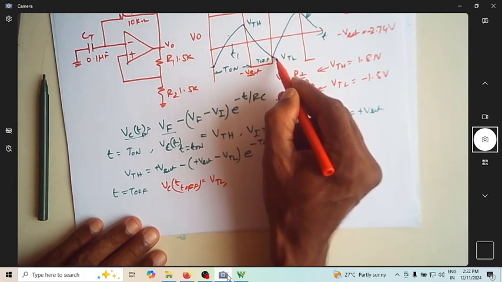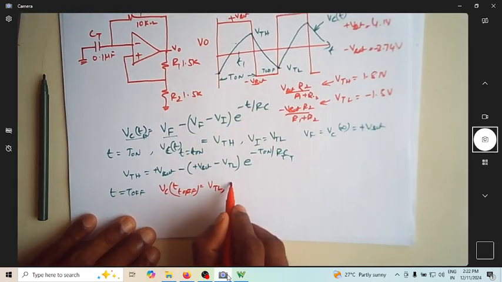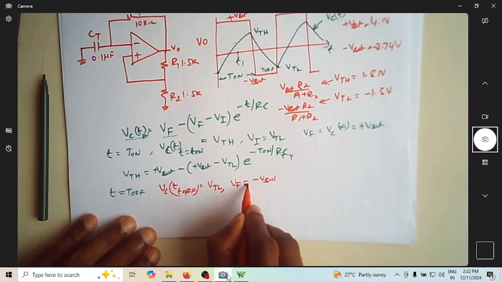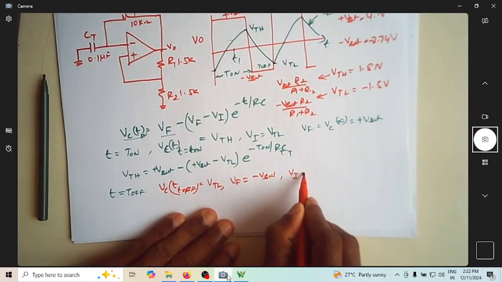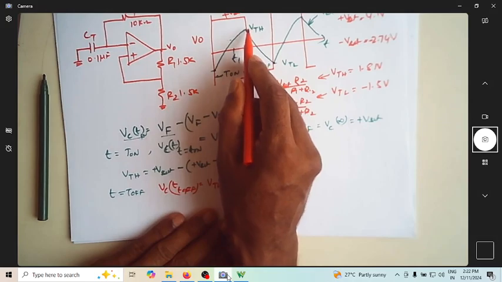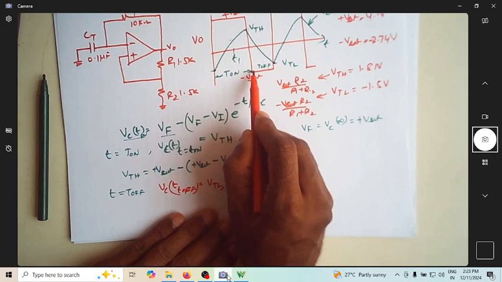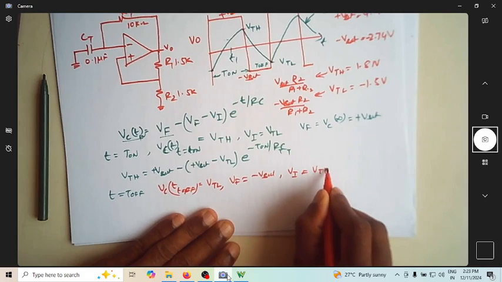If it is allowed to discharge infinitely, it will go up to minus Vsat. So V final here is minus Vsat. What is the V initial? V initial for this off time is VTH, because this is the starting point of your off time. So initially this will be having VTH.